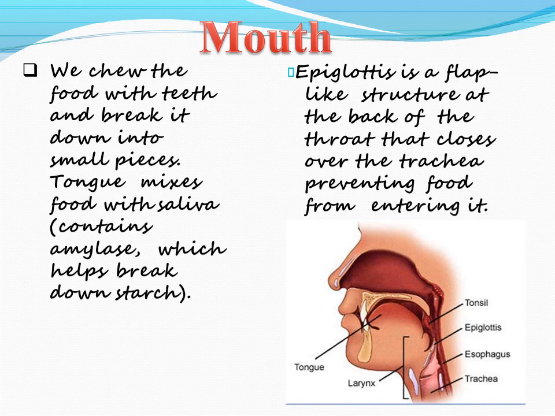Before it moves to the esophagus, there is a flap-like structure at the back of the throat that closes the trachea and prevents the food from entering the windpipe, which is the epiglottis.